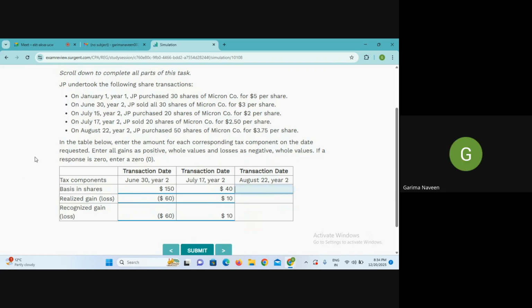Okay, next on August 22, JP purchased 50 shares for $3.75. Ma'am, no basis.